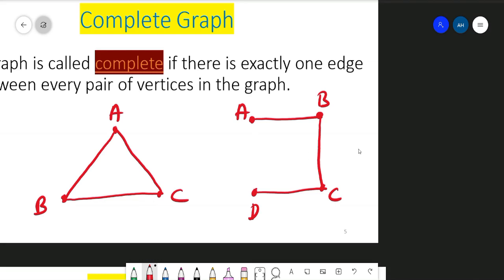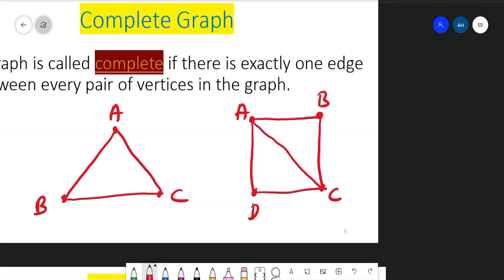So if we draw a line here like this, now let's ask ourselves: is this graph now complete? No, it's still not complete, because there is no direct edge from A to C. Okay, let's do that now. From A to C, now we have a direct edge. So now, is this graph complete?